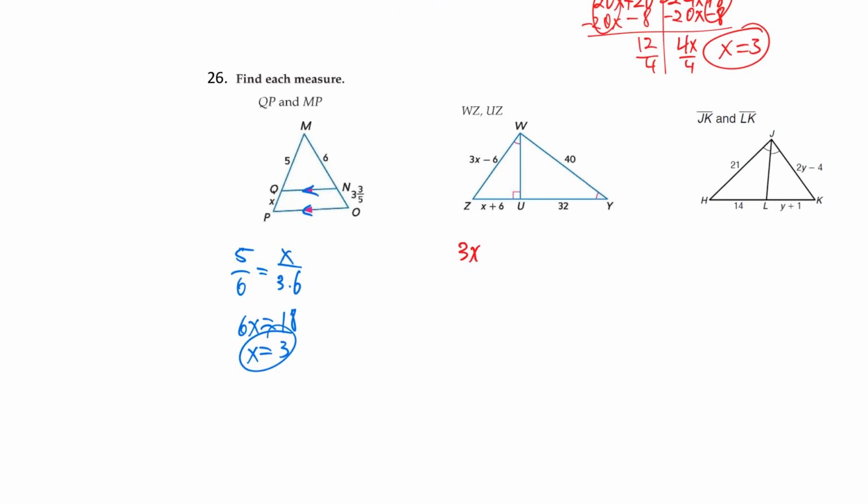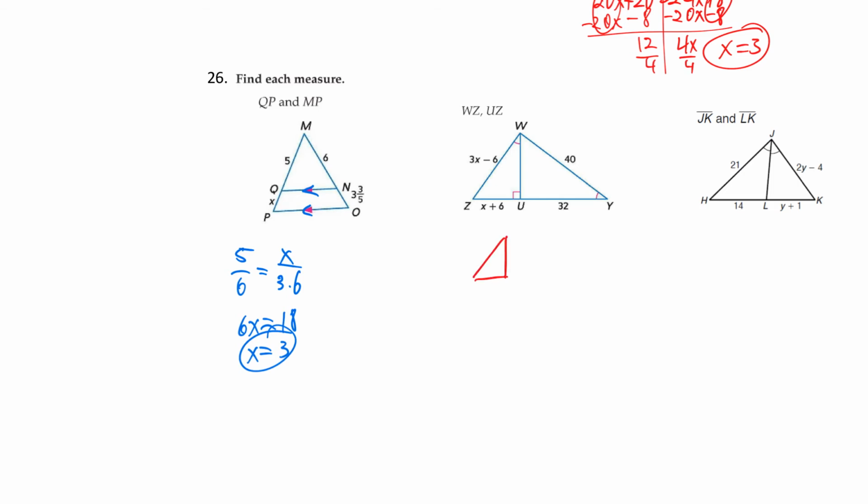Okay, on this one, 3x minus 6 is to 40 as x plus 6 is to 32. Actually, you know what? That's not right. I knew it wasn't. That'll be 40 is to 3x minus 6 as x plus 6.